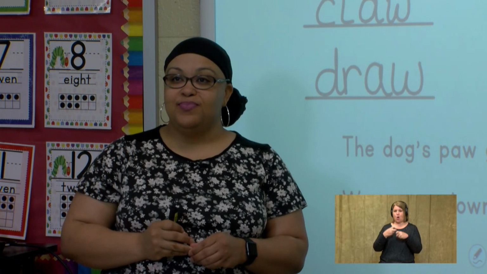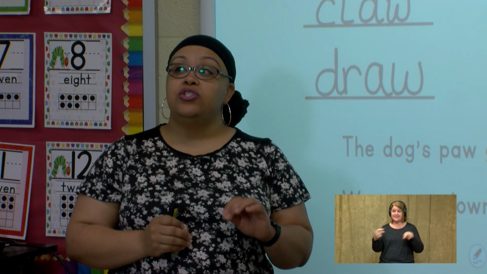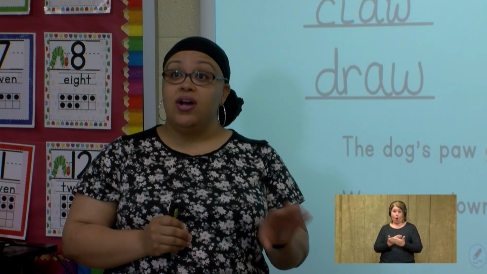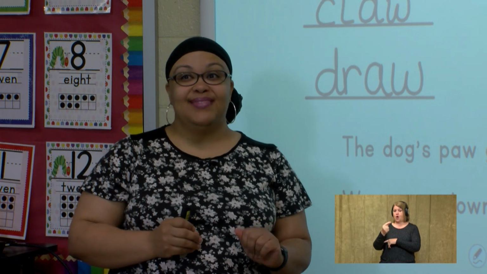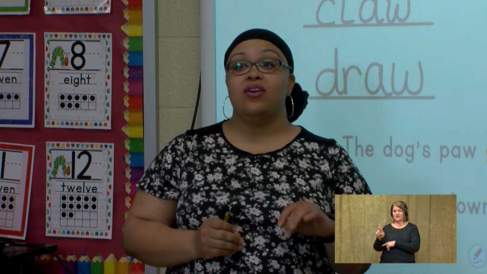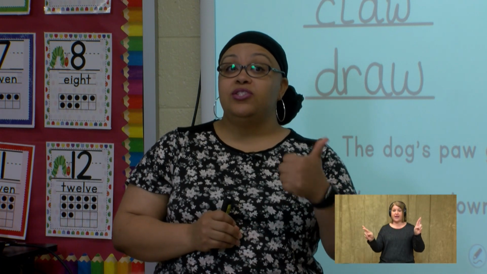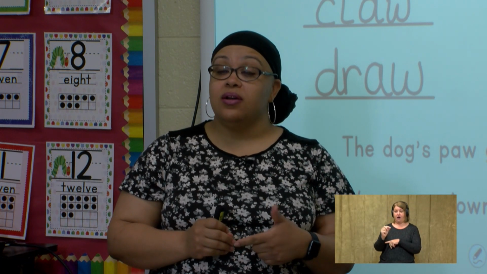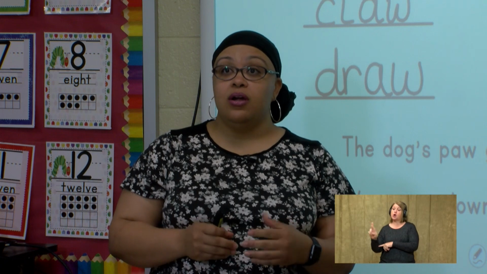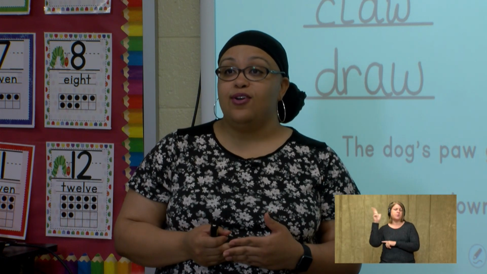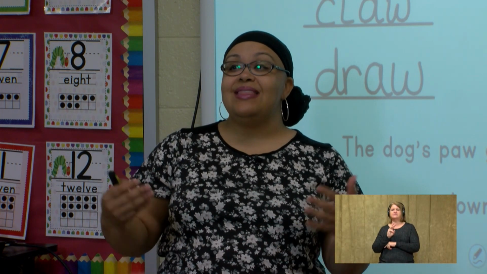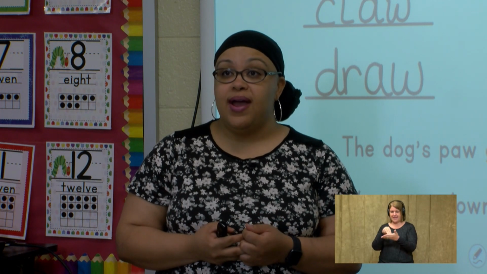All right, let's do a harder one. Are you ready? Say the word daughter. Daughter. Let's say the sounds we hear in daughter. Ready? Go. Daughter. Where do we hear the ah sound? That's right, in the middle. So what letters are we going to write?